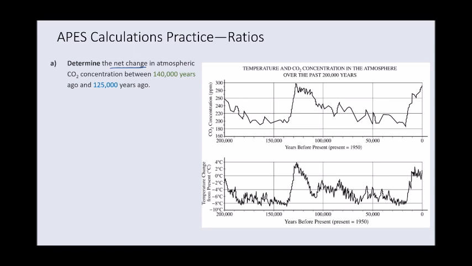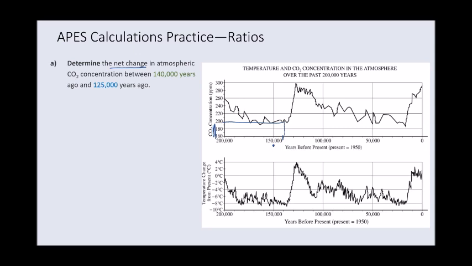So let's take a look at the graph. Where is 140,000 years ago? Well, this is 150,000 years ago for CO2, so 140 is right here. Now I'm just going to look and see at what point during 140 that line meets the year and draw it over.